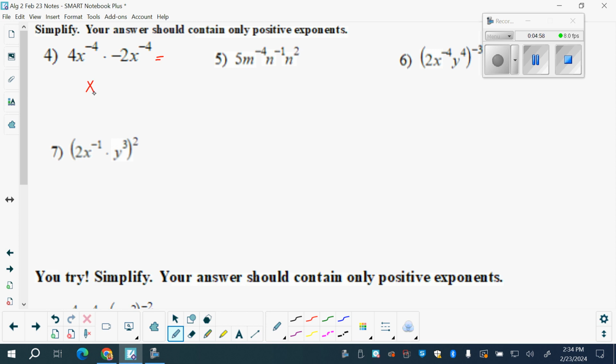So this becomes x to the -8, and then take 4 times -2, which is -8. So now we want to make sure that our answers have only positive exponents, so we need to simplify that. So what does this become?